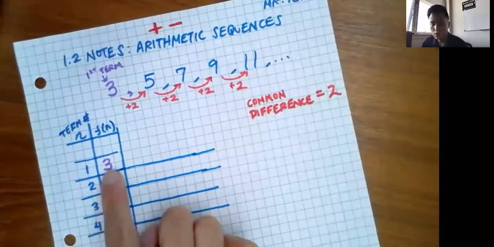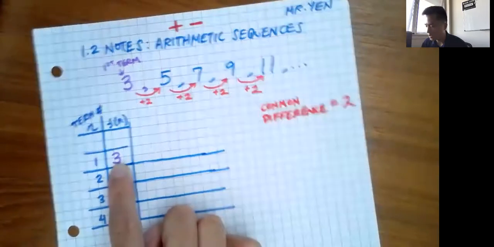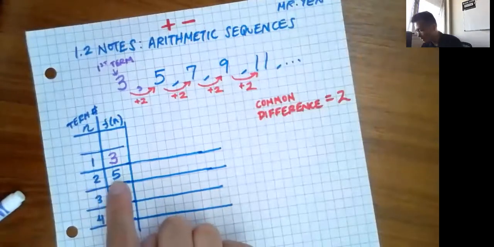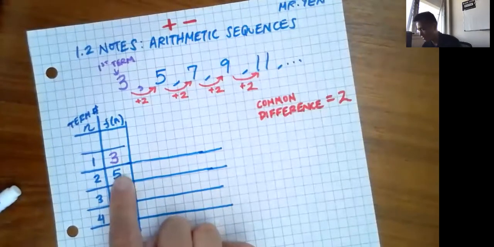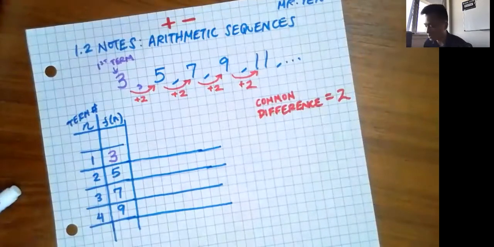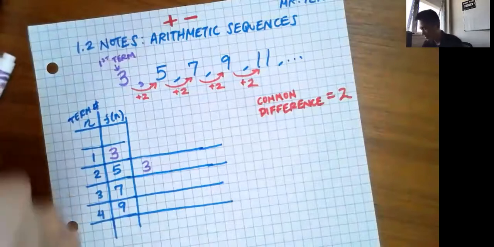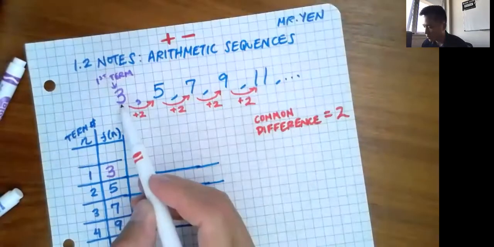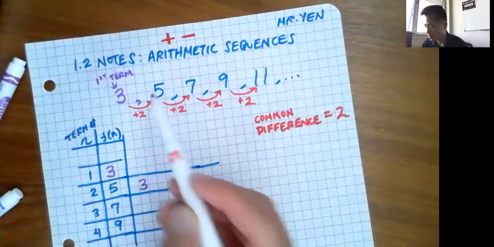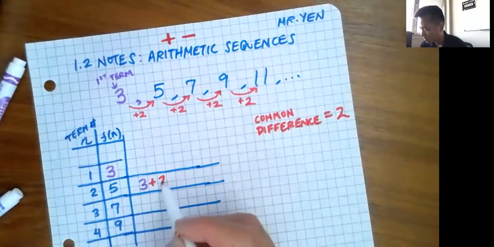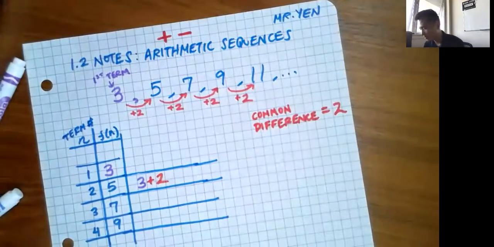The first term was 3. Okay, then to get to the second term, we know the second term is 5, but how do we get to 5? What's actually happening in the sequence is it starts with 3, and then we added 2 once. And that's how we got to 5.